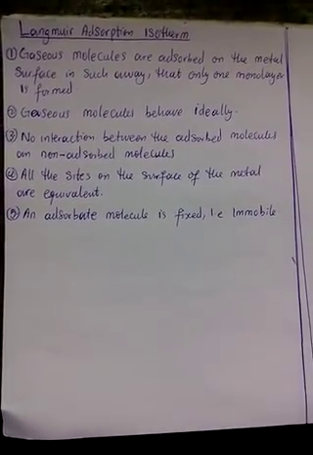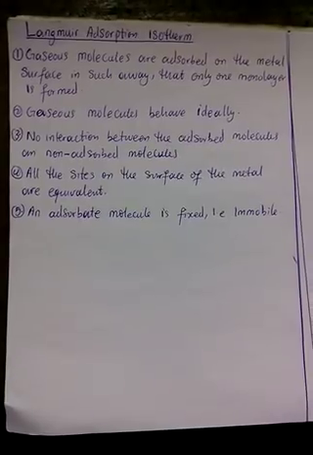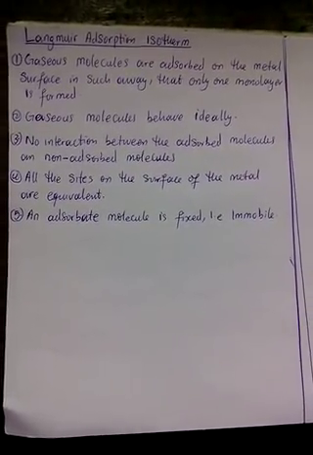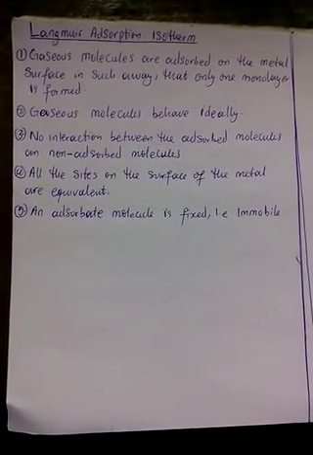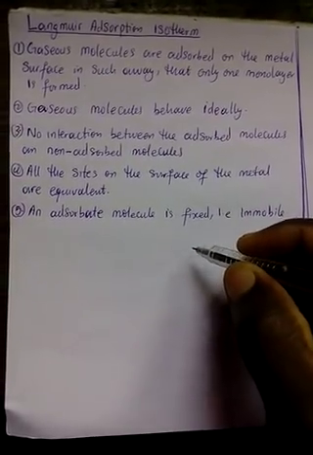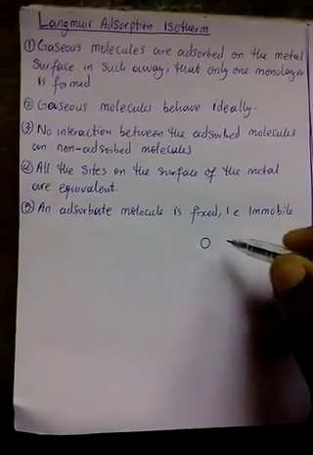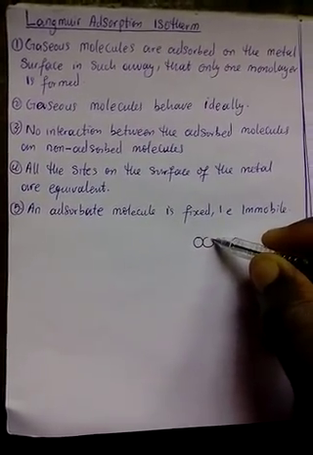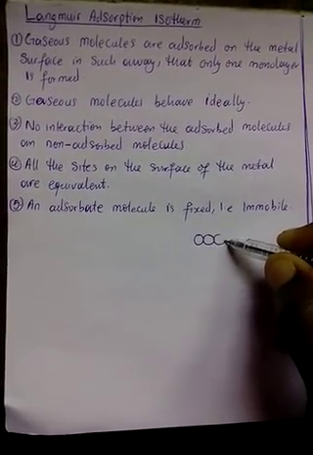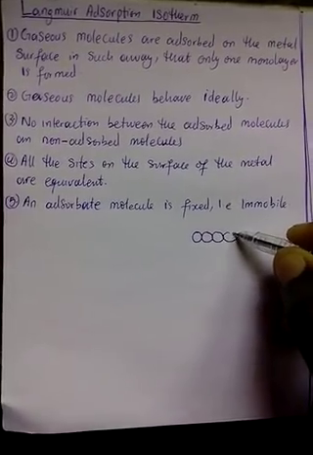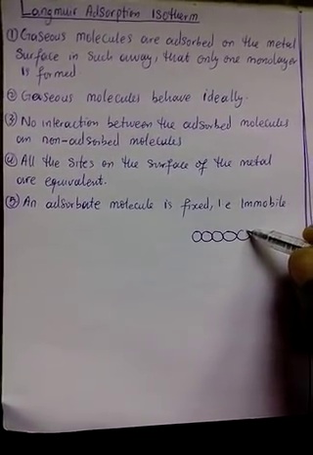So of course we know that a metal or an element is a substance that contains only one kind of atom. Let's say we have a metal, say gold, which is made up of small atoms arranged in a fixed position, which are equivalent.